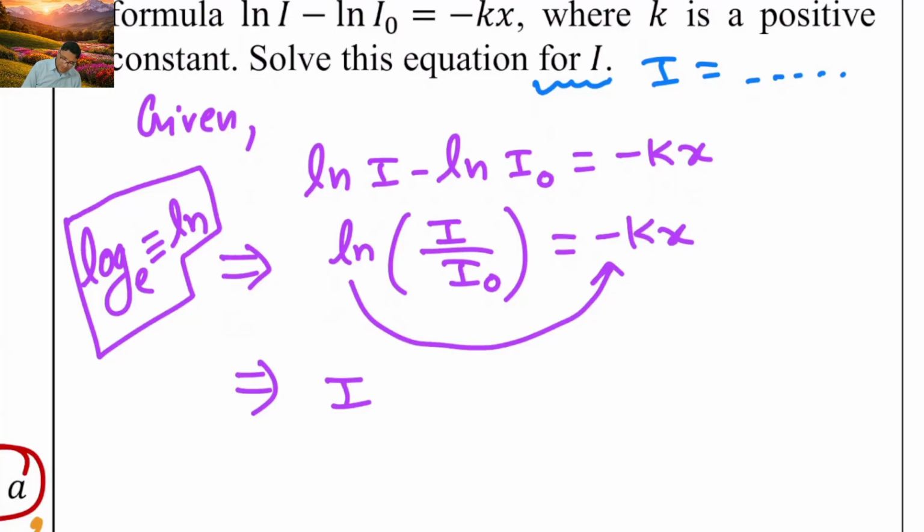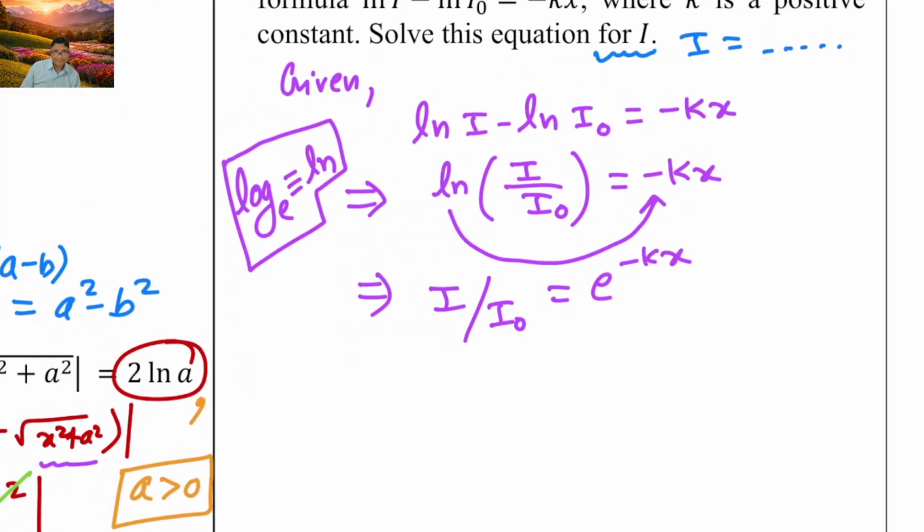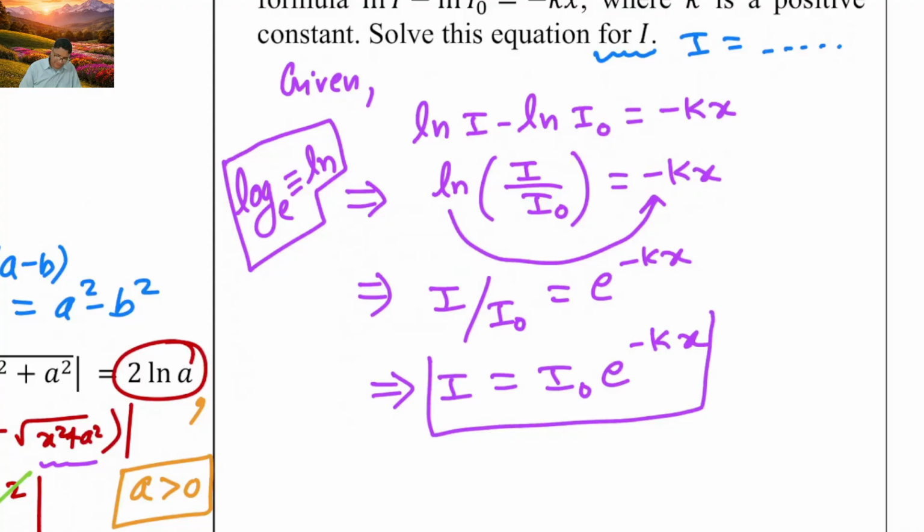So that means I divided by I naught will be equal to e to the negative kx. And so if I have to isolate I, divided by I naught on the right side becomes multiplied by I naught. That's it. I in terms of other quantities. So that is solving for I.